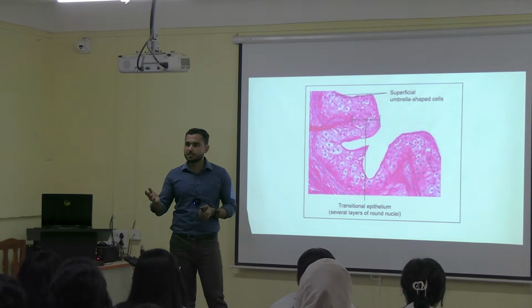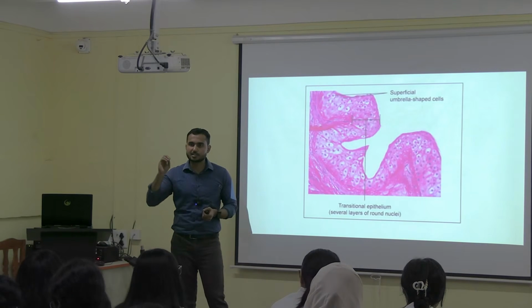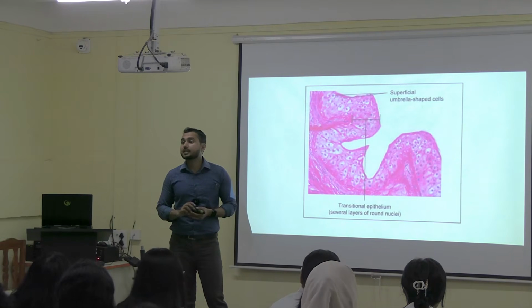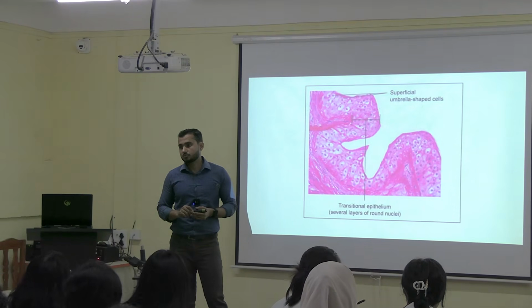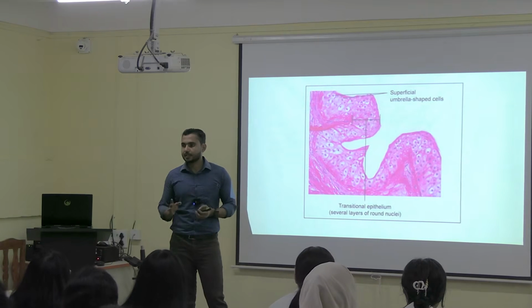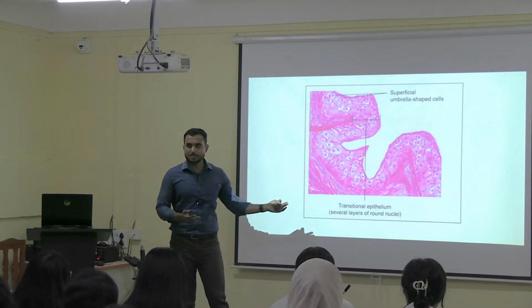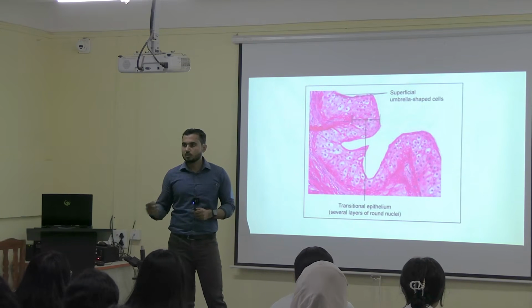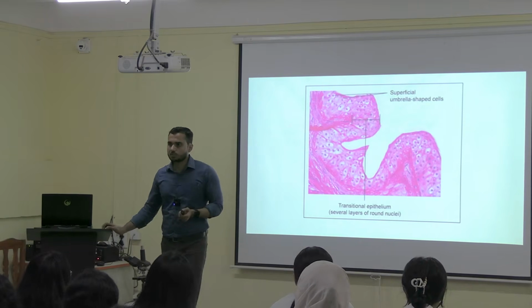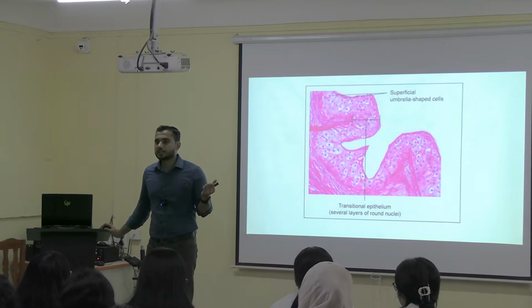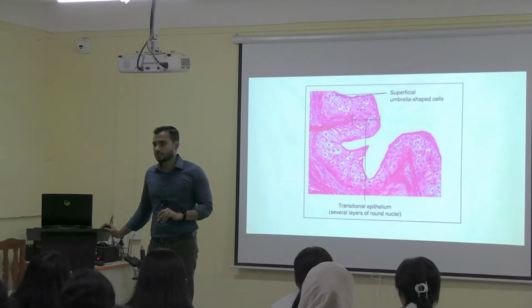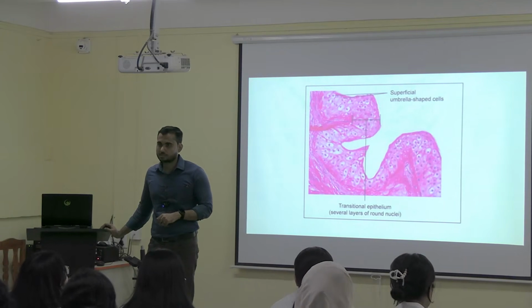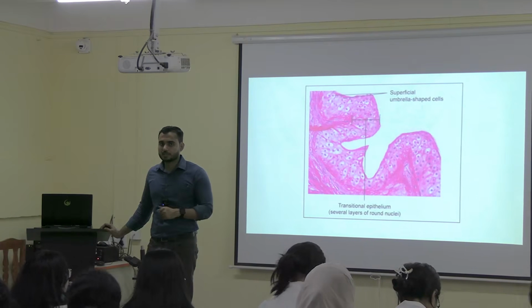In non-keratinized epithelium, cells are present in the superficial layer; there is no keratin, so cells are there, and here also cells are there. How will you differentiate? Transitional epithelium is sometimes binucleated, not always. The surface cells will be umbrella shaped, whereas in the other, flattened cells will be there. So this is the way you have to identify.